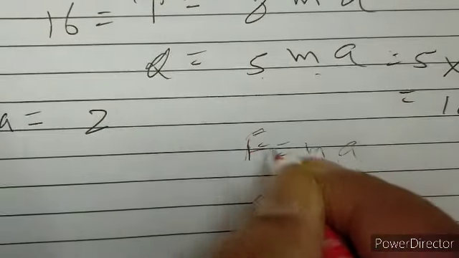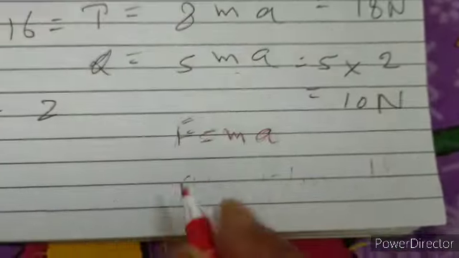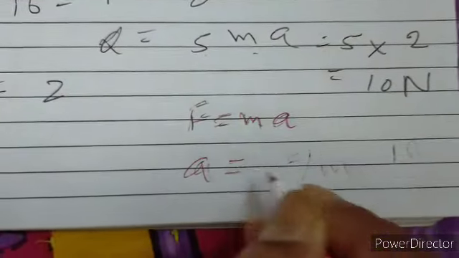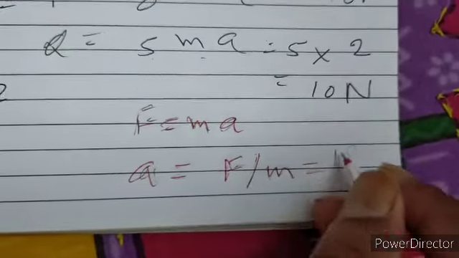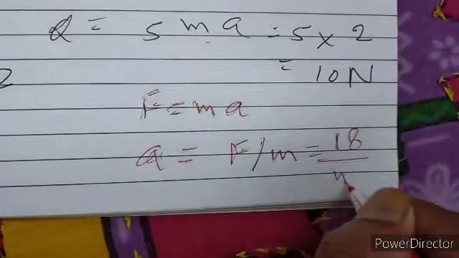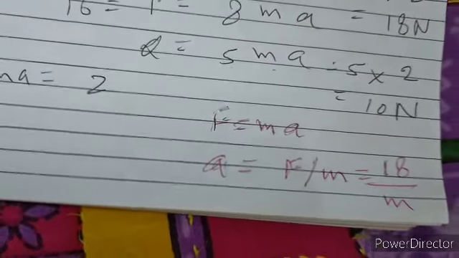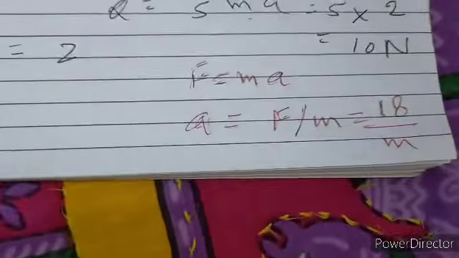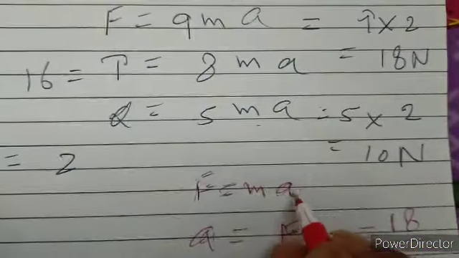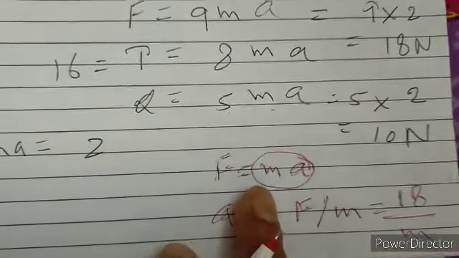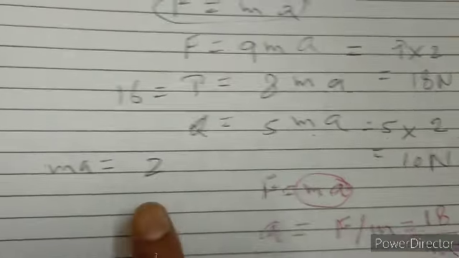F is equal to MA and A is equal to F by M, and this is 18 by M. No, actually Ma is alone 2.